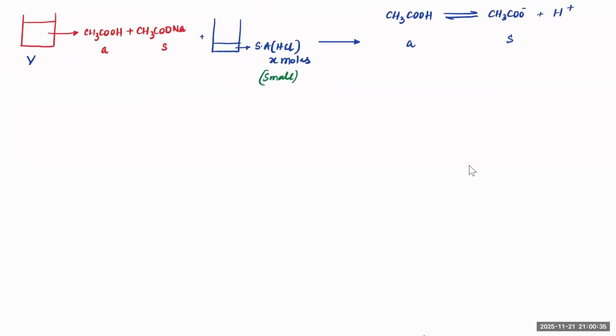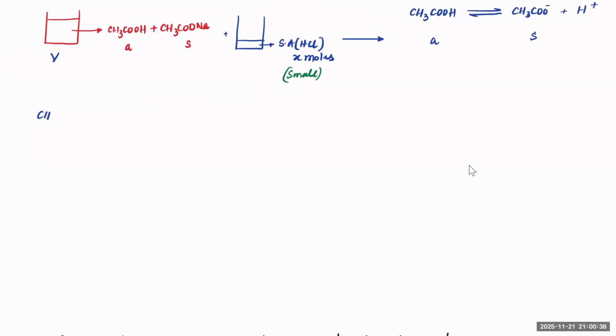On adding a small composition, now we will expect that CH3COO minus reacts with HCl and converts everything into CH3COOH plus Cl minus. For example, CH3COO minus is S concentration or S moles, and HCl, let us say I have added X amount.